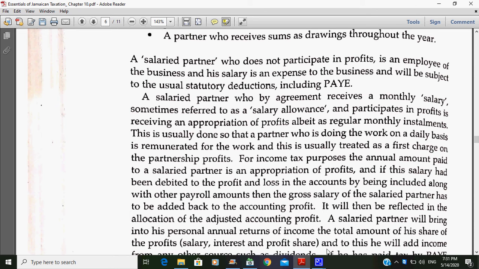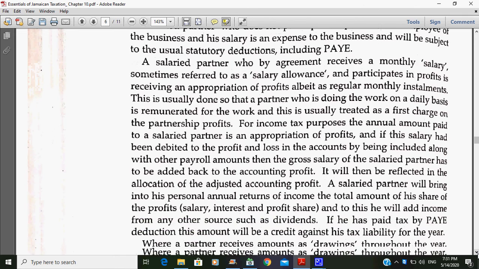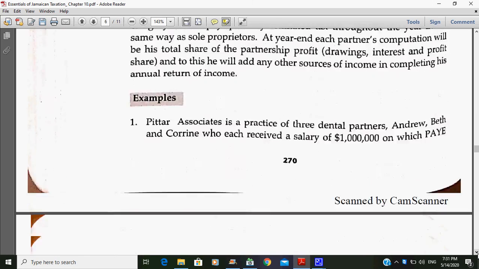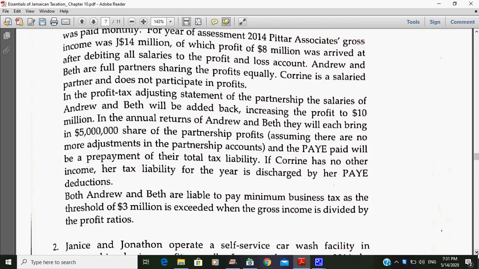Good? So that's why I have it back up to 10 million, and then 5 million each for them both. And then for Corinne, if she has no other income, her tax liability for the year is discharged by her PAYE deductions. Alright.